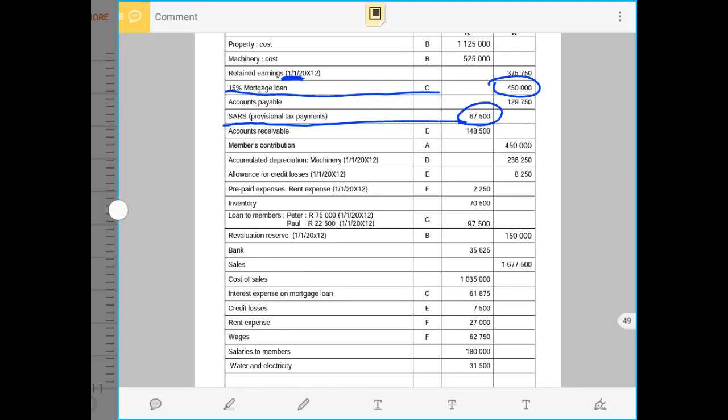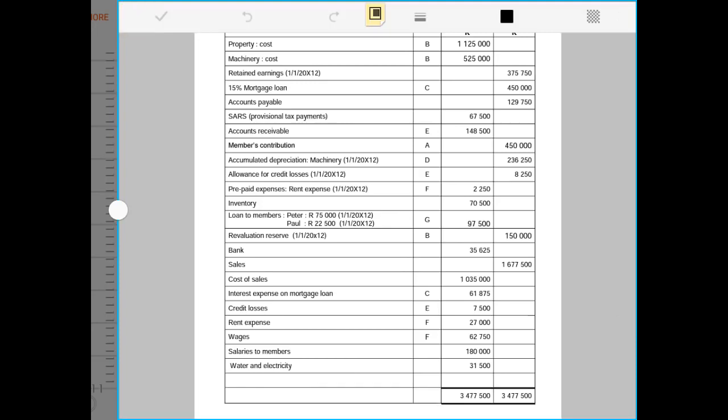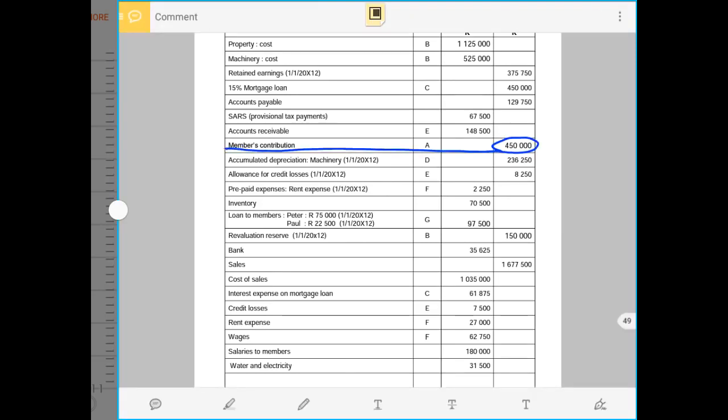This is important because when we want to calculate tax receivable or payable to SARS, we use this amount and compare it with the tax expense. We also have members' contributions, which is a total of 450,000 rands, being the sum of the contributions that were made by the members in the previous accounting period.